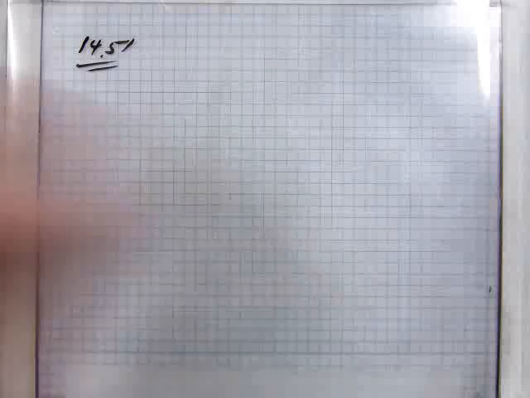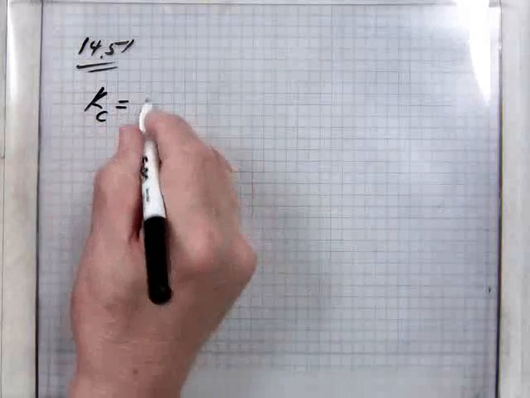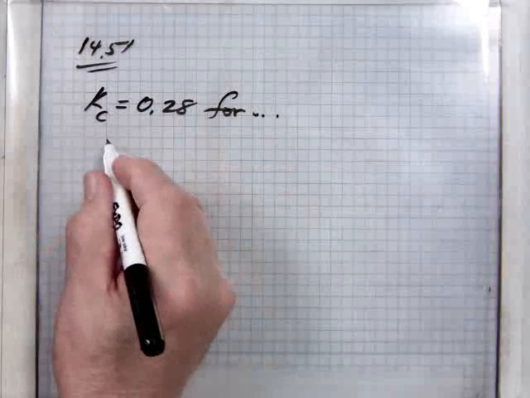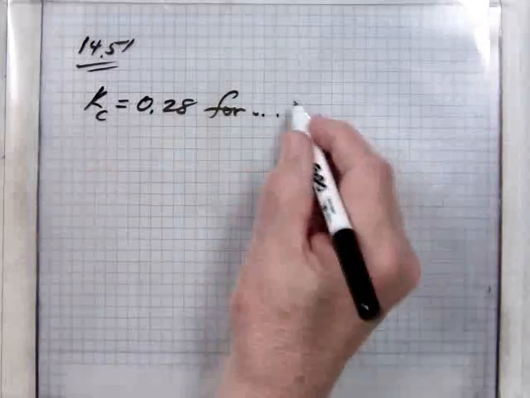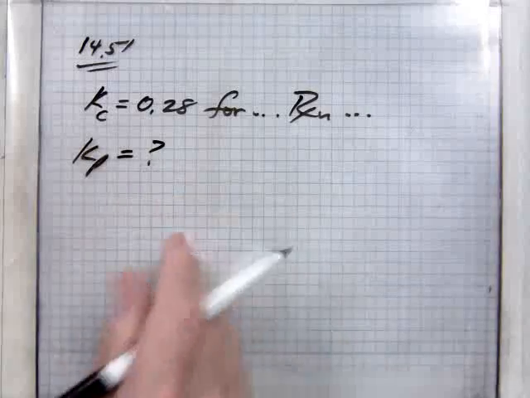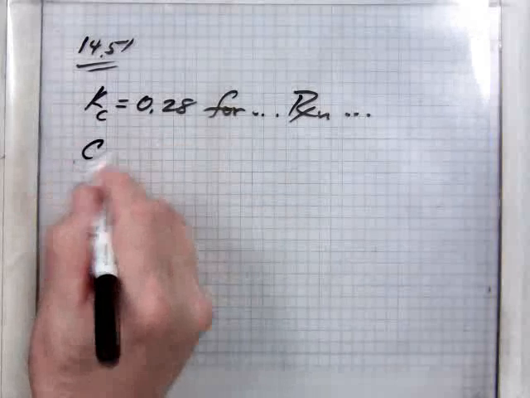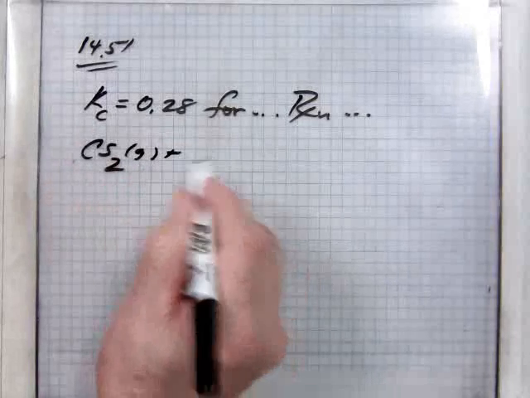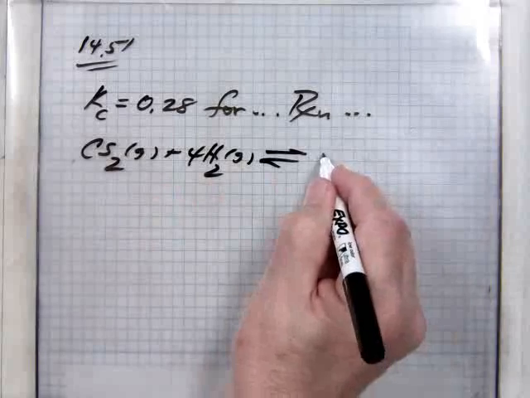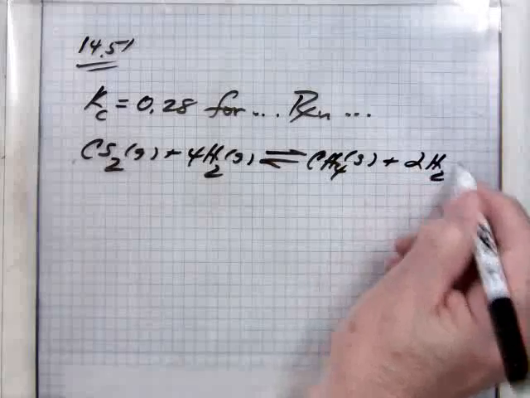You're given Kc for the reaction is 0.28. Then, what's Kp for this reaction? Well, let me put the reaction down. I've got CS2 gas plus 4H2 as a gas, going to CH4 gas plus 2H2S as a gas.